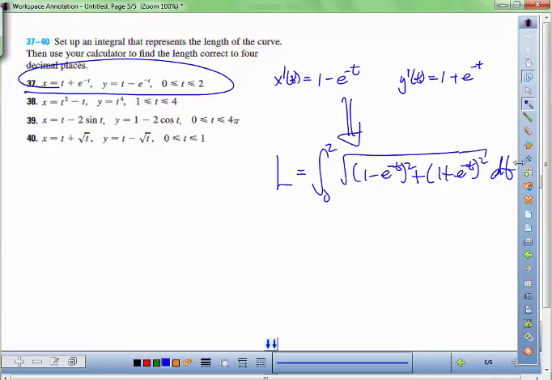Now you can multiply this out and work it out by hand. I'm sure there's going to be a lot of fun things to do there. But they usually want these things, and in your homework also, to some decimal place. So just punch it in your calculator as is and then get your result.